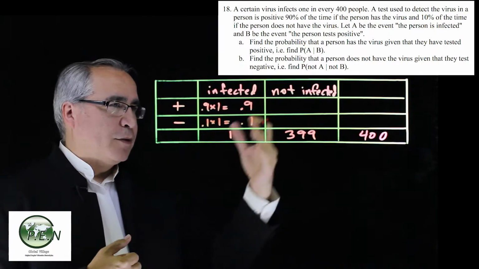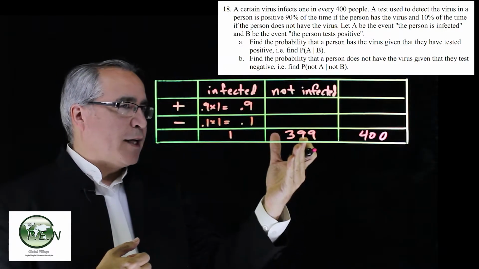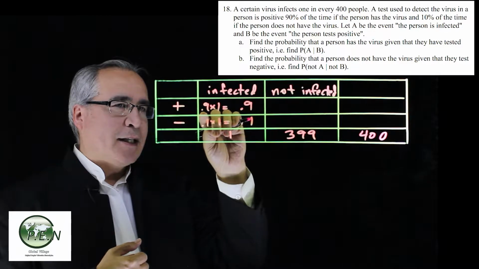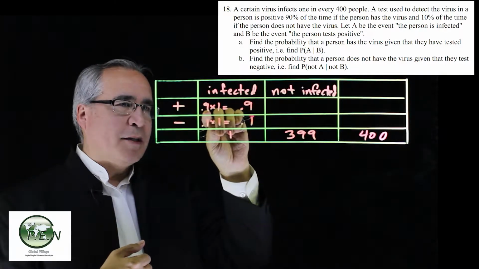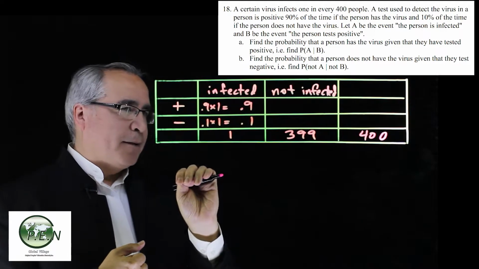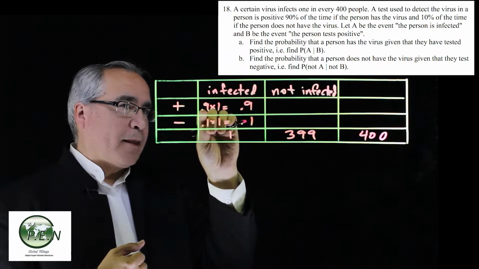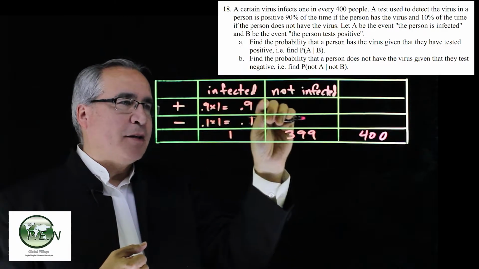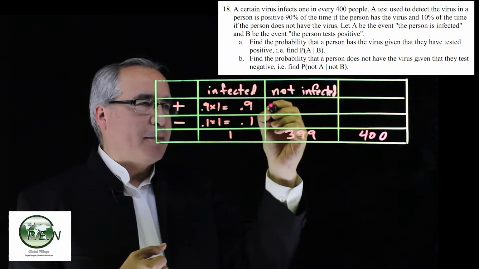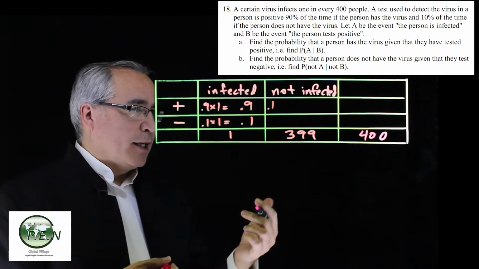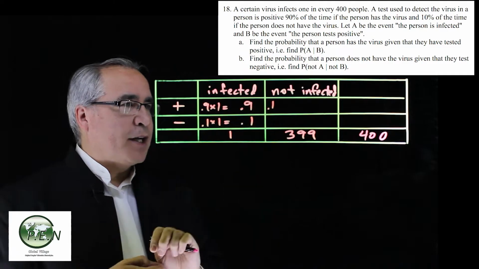Okay. We'll do the same thing over here with those who are not infected, but it's kind of different. If they're not infected, the positive test, it must be that 90% of these infected get positive results. So 90% of the positive results are people who are infected. That means that there's 10% of the positive results for people who are not infected. Again, using that idea of complement.